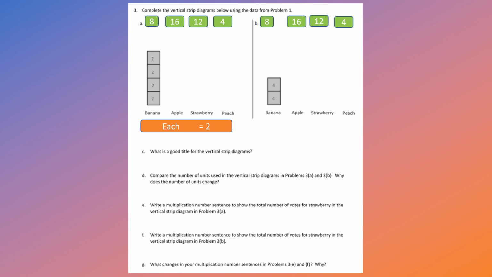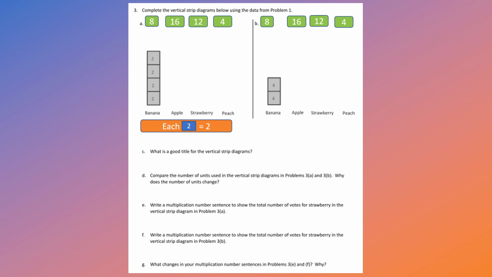Any type of frequency tables or picture graphs, it's always good to have a key. So below my actual vertical strip diagram, I'm going to write that each square with a 2 in it is equal to 2. And that way I'm just reminding myself that every time I draw a square with a 2 in it, that it's equal to 2.